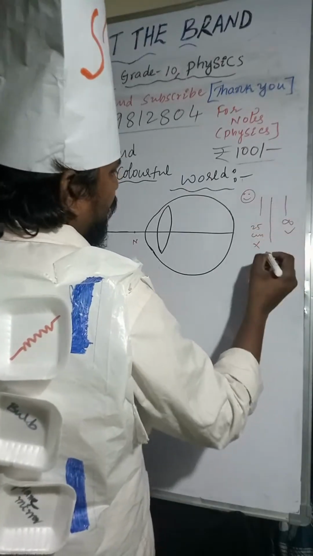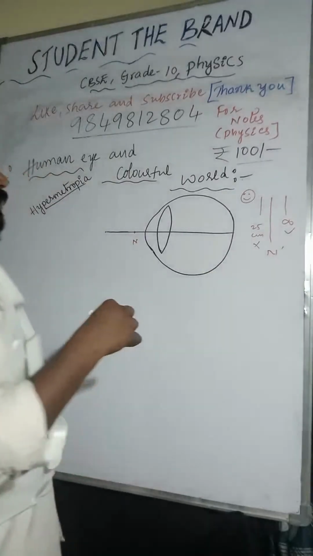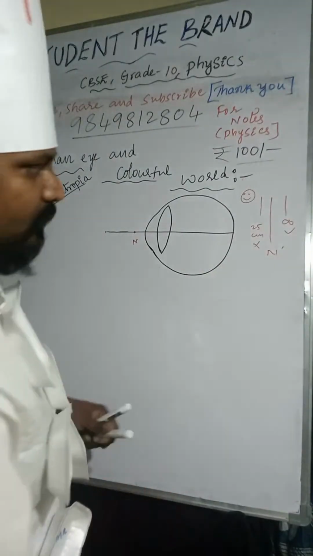But between these 2 points he can see. So that is the near point of the hypermetropic eye, right?